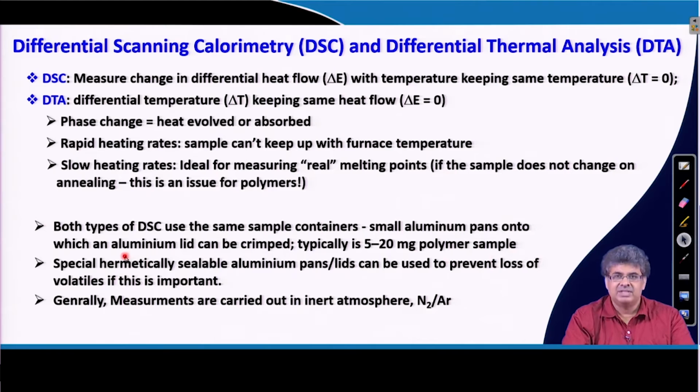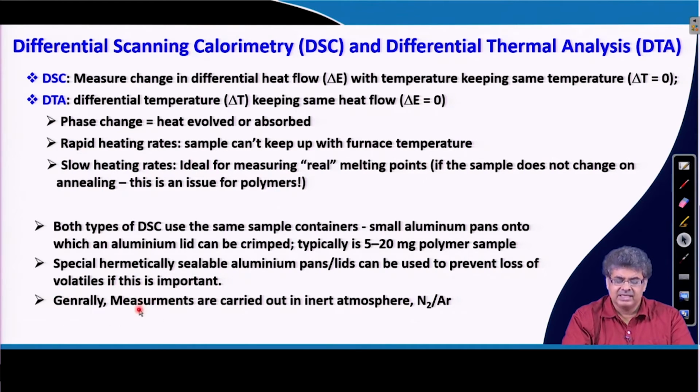Sometimes if volatile polymers or liquid samples are used, then we use special hermetically sealable aluminum pans or lids that prevent loss of volatiles, which is important.